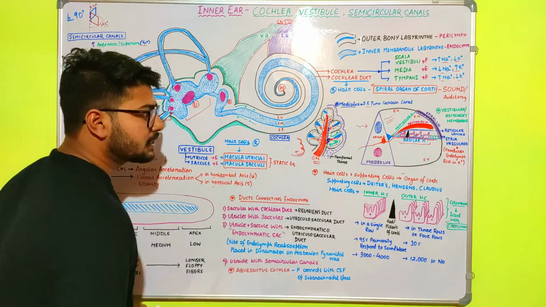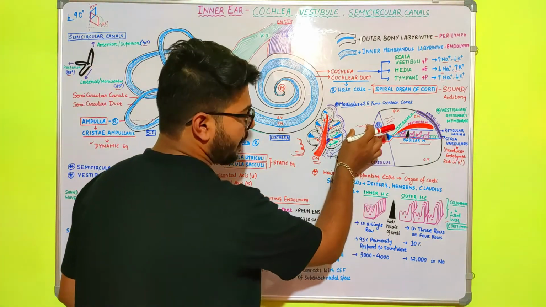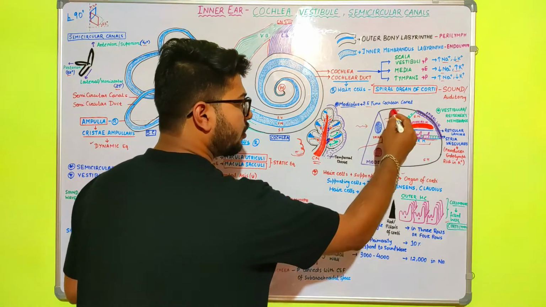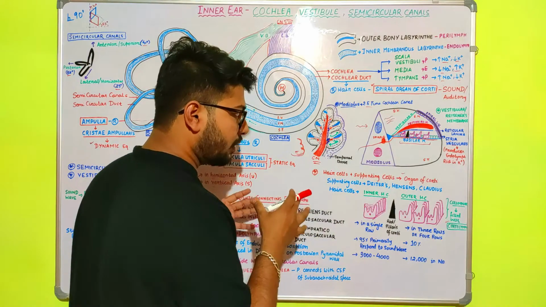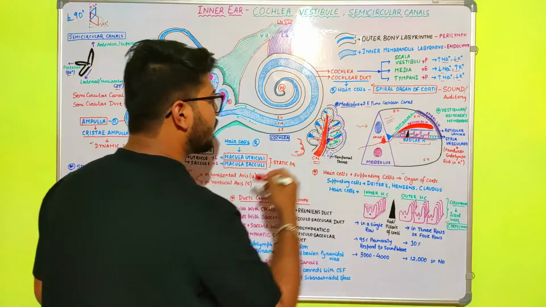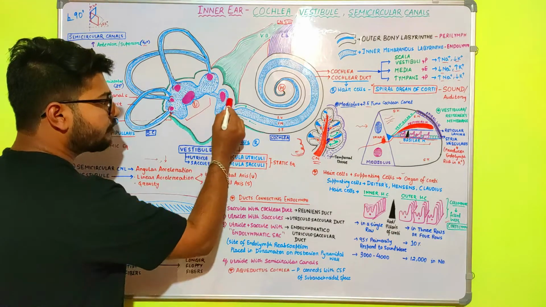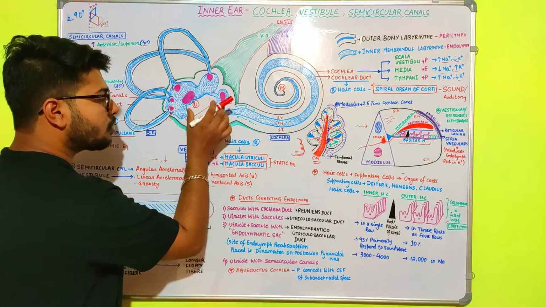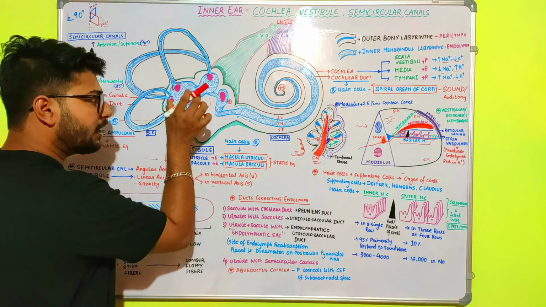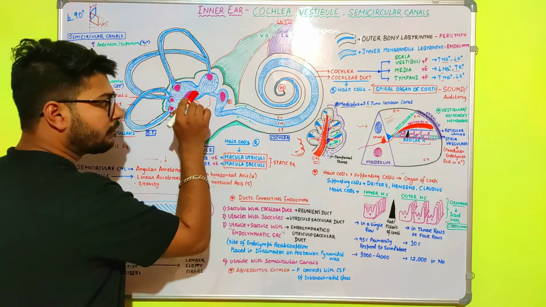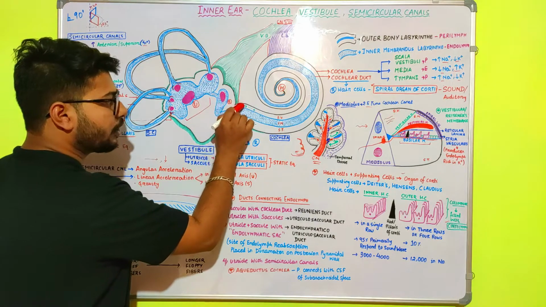So what happens next? When the vibratory energy or the vibration of the fluid takes place, the perilymph will vibrate in this direction. Here we imagine the presence of the oval window and beating of the stapes takes place here, and from the oval window the fluid-filled perilymph is going to vibrate.